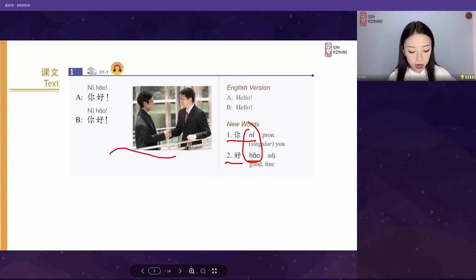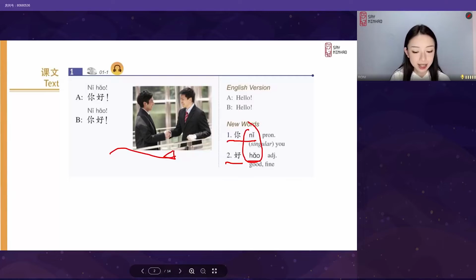Now let's try to read the text. The text here is 你好 and 你好. A and B are greeting each other. We can see, right? They are greeting each other. So I'm gonna read this first for you, and you can try to read after me. A said, 你好. B said, 你好.